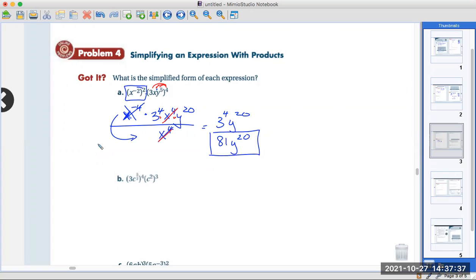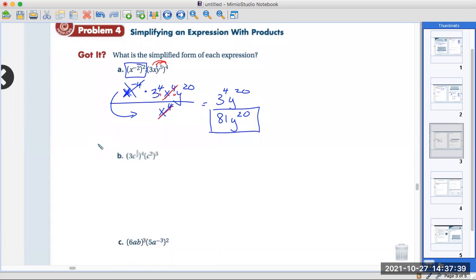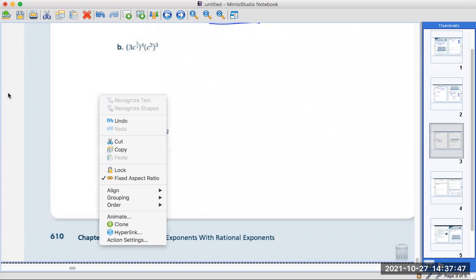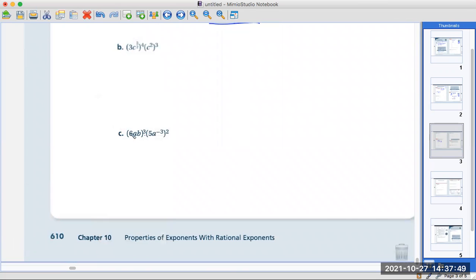Okay. And on the bottom, C. Okay, I start with the first part. This is the product. This times this. There's a little times button that you don't see. So I'm going to start here. I'll shower the power. It's got 3 parts. 6 cubed times A cubed times B cubed.